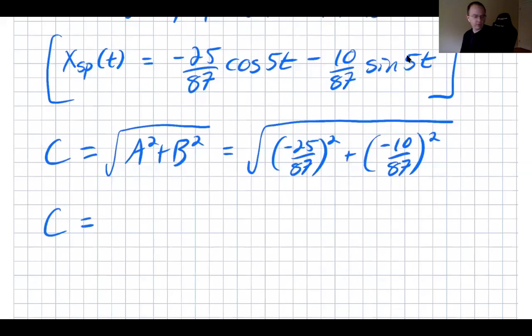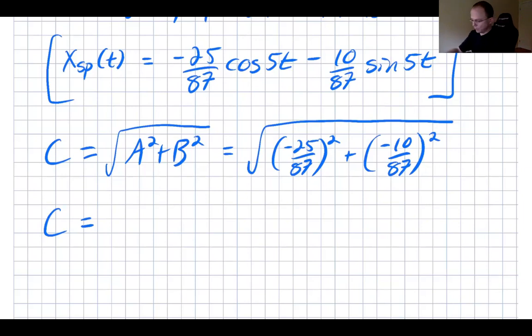Okay, so what is C equal to? Let's just check this. So we have 25 over 87 squared plus 10 over 87 squared.